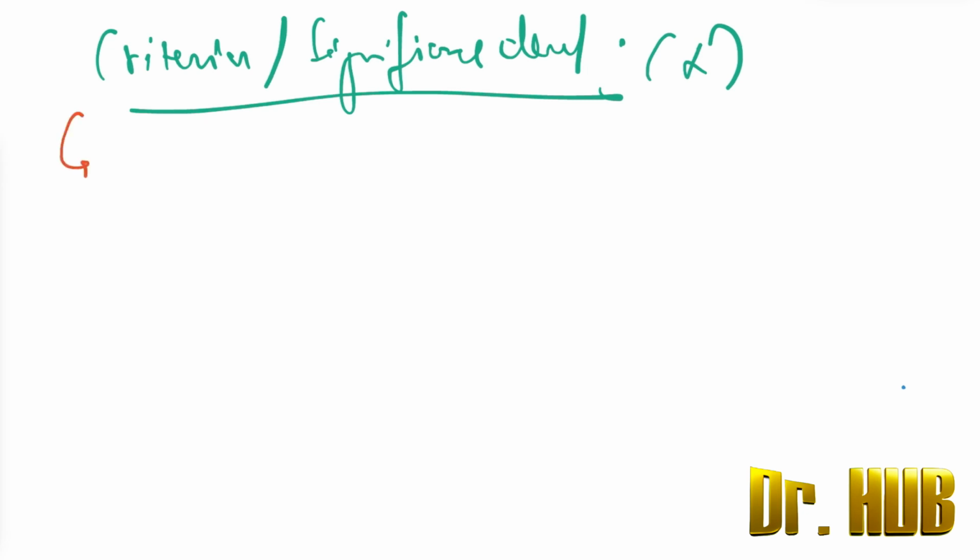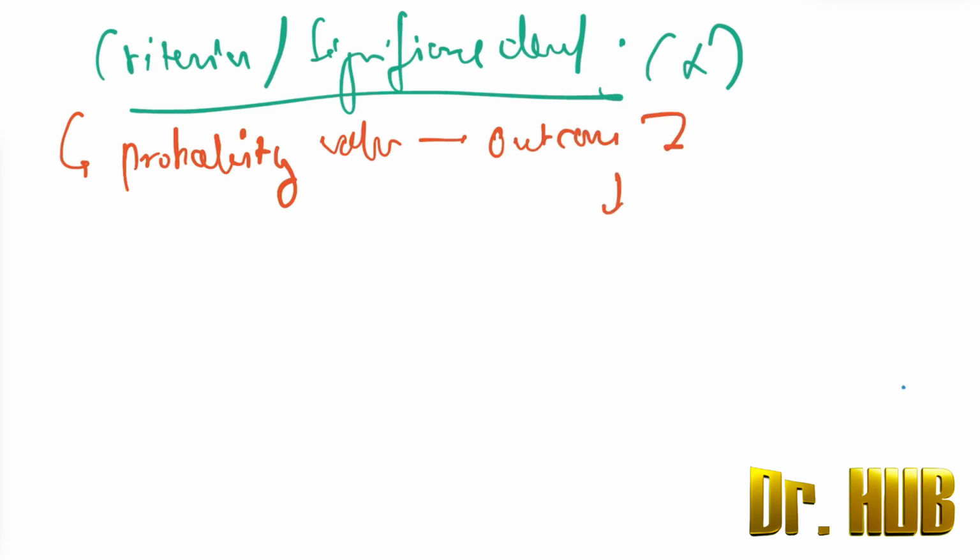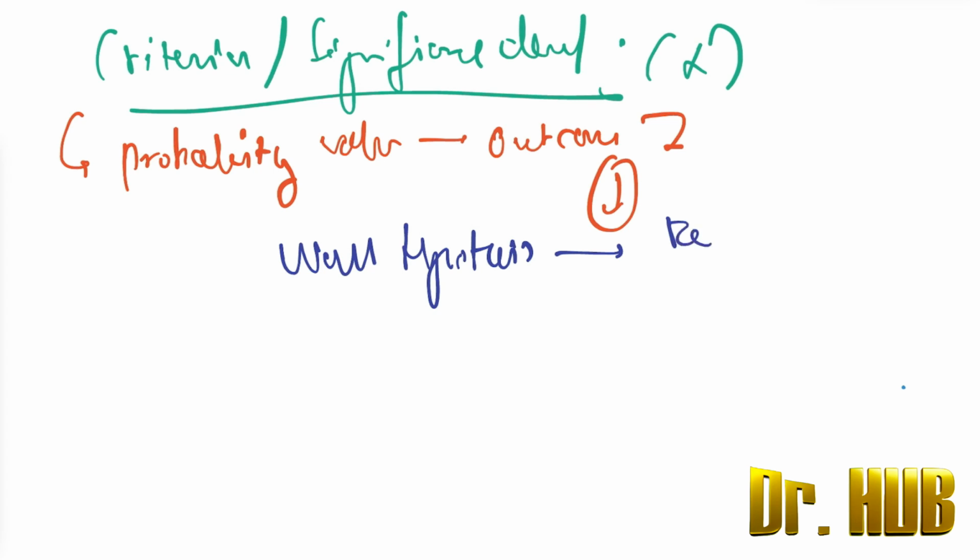If the probability value of an outcome is sufficiently low, then the null hypothesis is rejected. The point below which we define the probability value as being low enough to reject the null hypothesis is called the criterion.